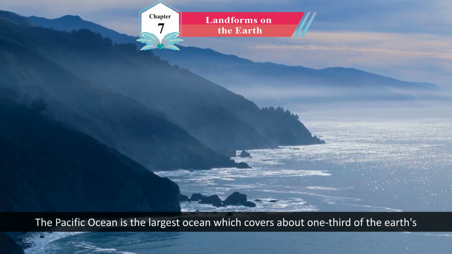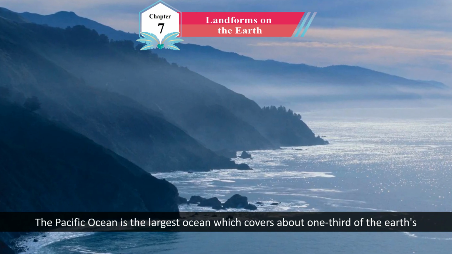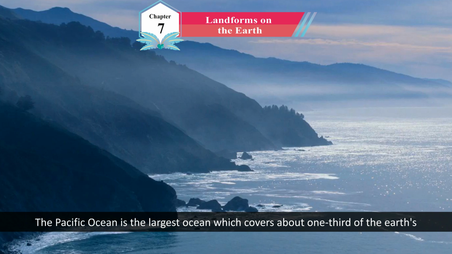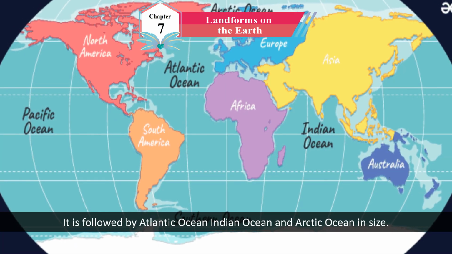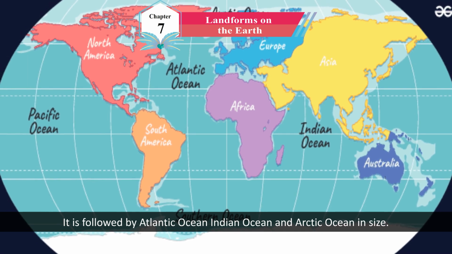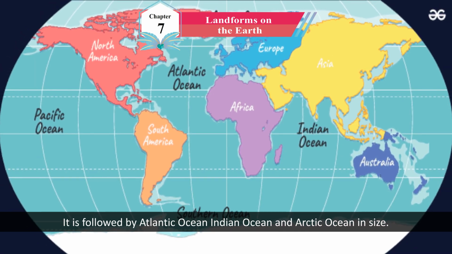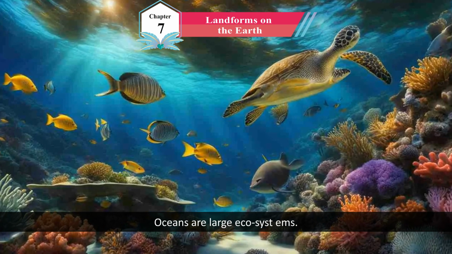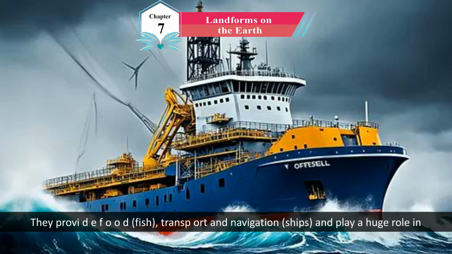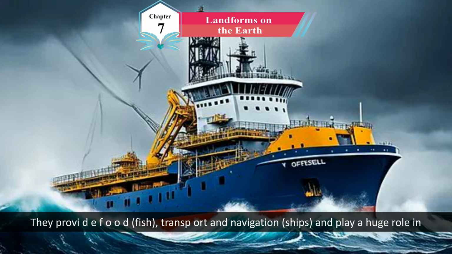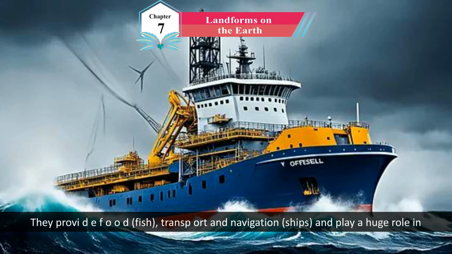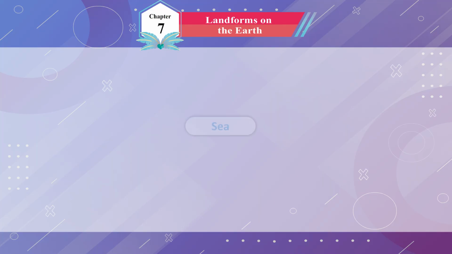The Pacific Ocean is the largest ocean, which covers about 1/3 of the Earth's surface. It is followed by the Atlantic Ocean, Indian Ocean and Arctic Ocean in size. Oceans are large ecosystems. They provide food, fish, transport and navigation for ships and play a huge role in the water cycle.